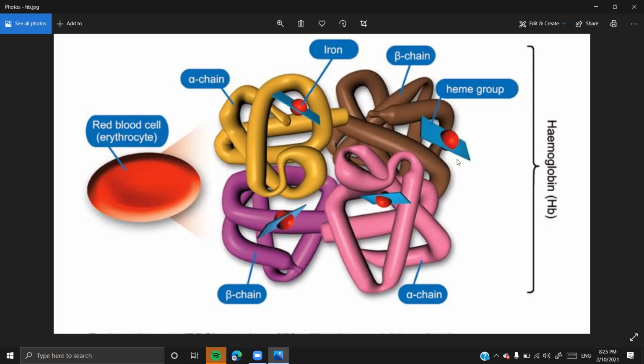Along with this, we have a minor portion of another type of hemoglobin in adults, which is regarded as hemoglobin A2. This is hemoglobin A type. We have hemoglobin A2 type also, where instead of the beta chains, we have two delta chains present. Okay, I'll give you the details about that.